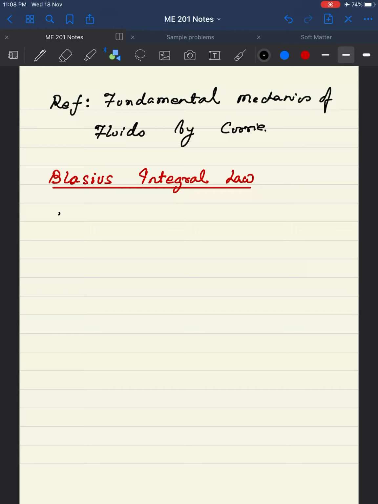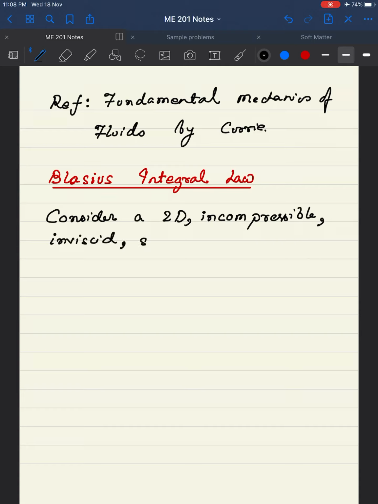So let us consider a 2D incompressible, we know the drill, right? What's going to come next? It's also inviscid in this particular case, and steady and irrotational flow around an arbitrary body.